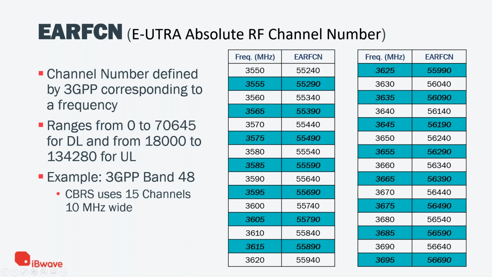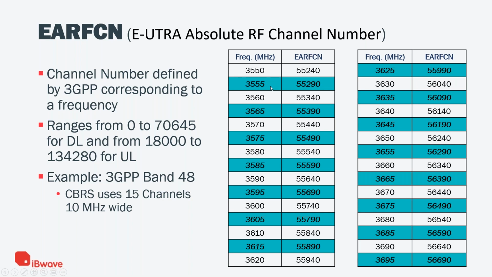One example is that in 3GPP for band 48, there are many channels defined, but if we go to CBRS and check the 15 channels that are defined with 10 megahertz width, we get the ones highlighted here.